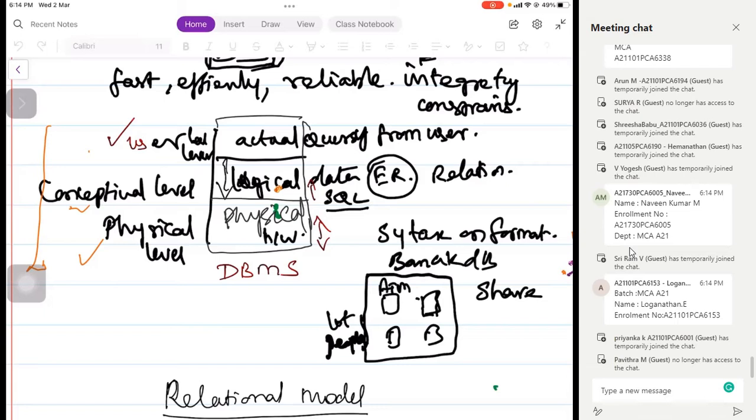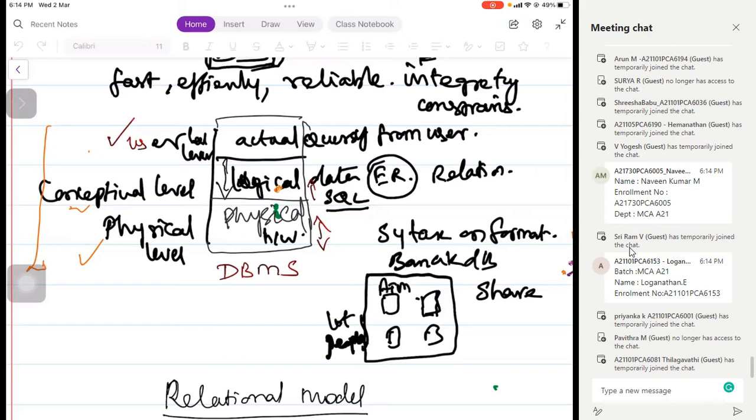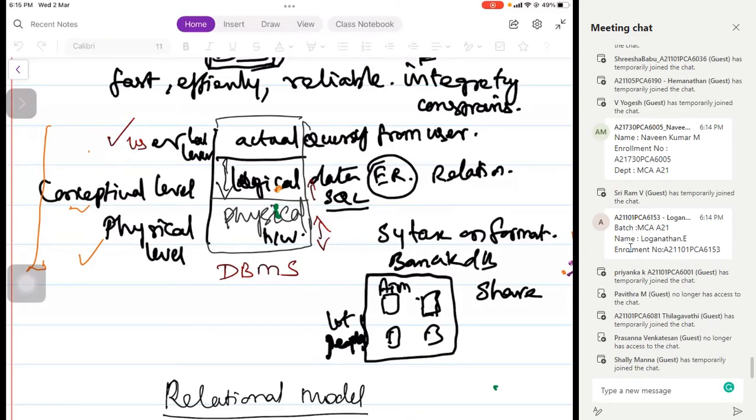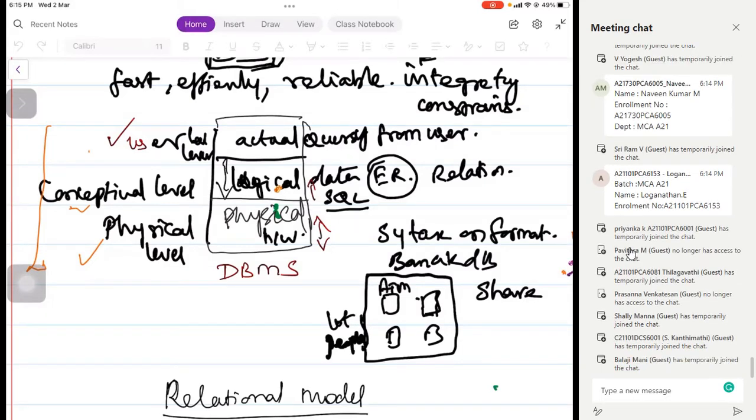Access starts by giving a PIN number, which is at the user level. Once you withdraw, whether the amount you mentioned is available in your account or not is checked at the logical, conceptual level. Once it is available, it will be withdrawn, and that is updated at the physical level.